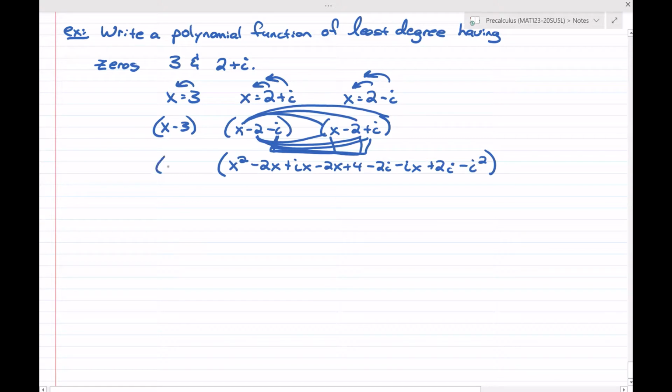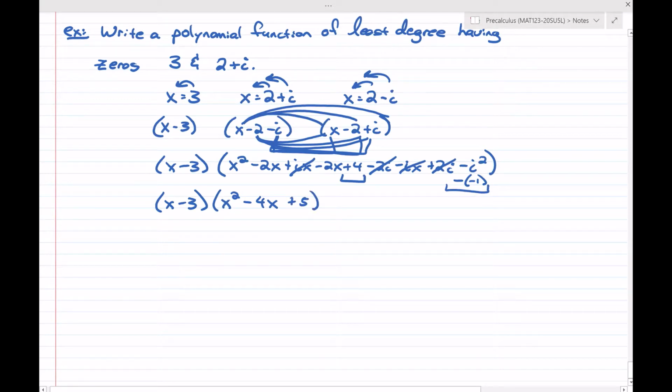So let's simplify this. I see negative 2i and positive 2i cancel. Plus ix minus ix cancel. I get negative 4x. And I'm going to have plus 4 minus i squared, which we know is negative 1. So 4 plus 1 is 5.